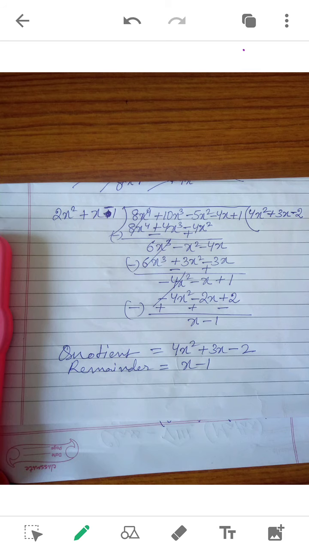So now I have to find out a number that will be multiplied with 2x square to get minus 4x square. So only minus 2 I have to multiply. Minus 2 into 2x square is going to give me minus 4x square. Minus 2 into plus x will give you minus 2x. Minus 2 into minus 1 will give me plus 2.